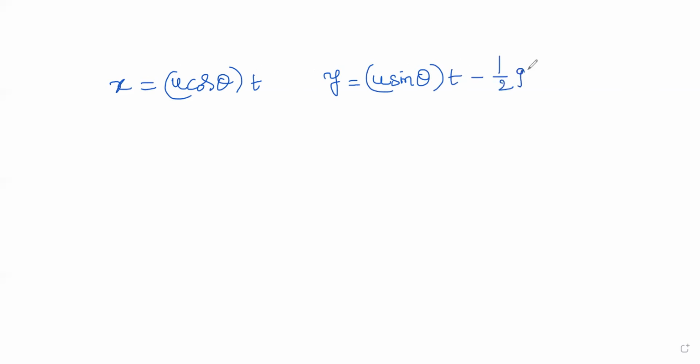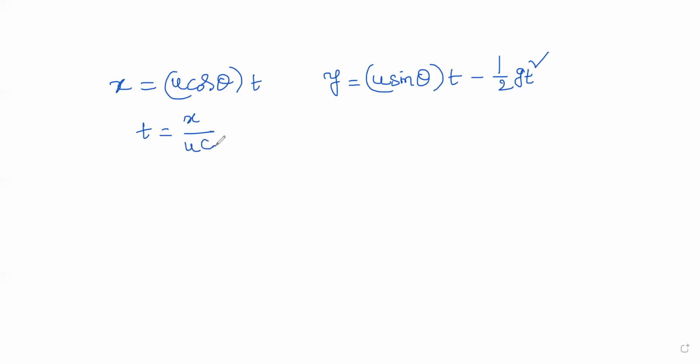we have this x is equal to, what is the equation of the projectile motion, x is equal to u cos theta times t. This is what we have in hand, and y is equal to u sine theta t minus half gt square. This is the equation you have. So we substitute t is equal to x by u cos theta from this equation.